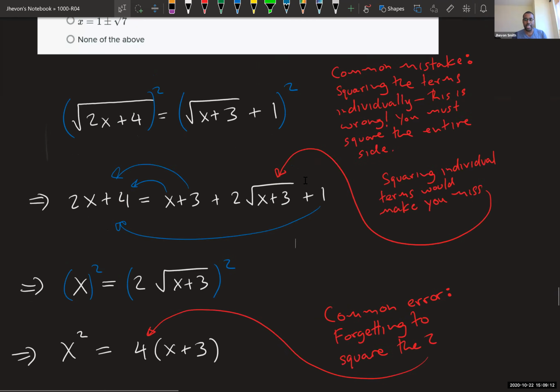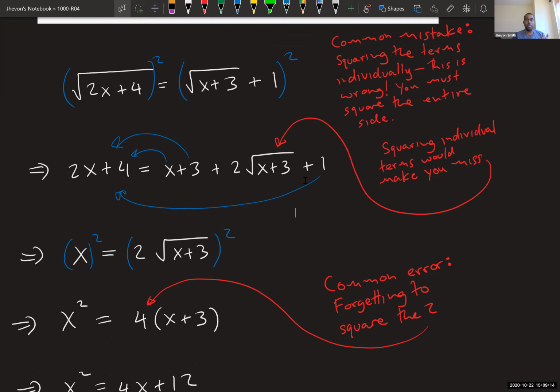And you want to do something like this: use a different color ink, maybe, to make it stand out even more. And have whoever is helping you, the tutor or whatever, actually look over your work and not just say, oh, it's wrong, start over, but say specifically what line did I go wrong? What thing did I do that I shouldn't have done, right?